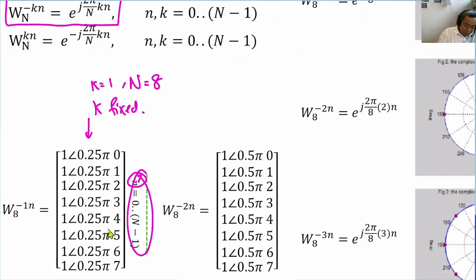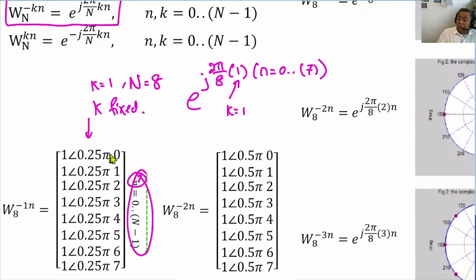So e^(j 2 pi over 8) for capital N, k is 1, and little n goes from 0 to 7. So n equals 0, n equals 1, small n until 7. Why 0.25 pi? Because pi over 4, so it's 0.25 pi. Little k is 1, so I drop the notation.